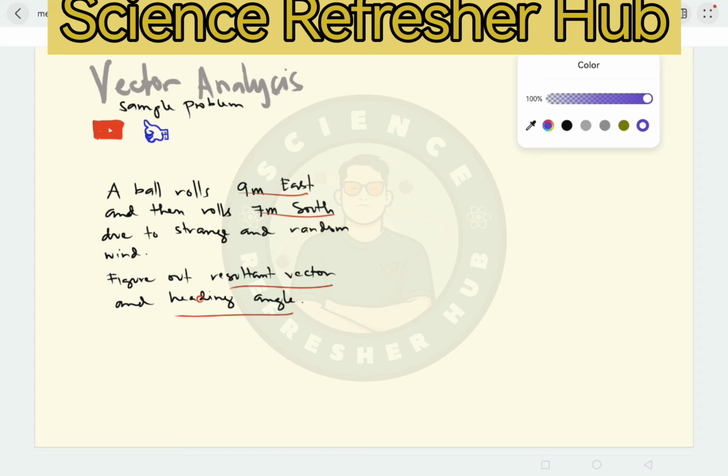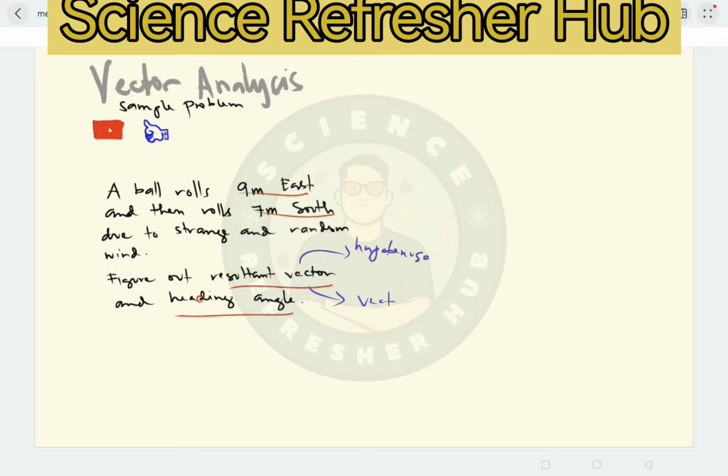Remember, when we say resultant vector, it's just the hypotenuse of our right triangle. Or in other references, they call it vector sum. In this case, we need to know the magnitude of the resultant vector, meaning the positive value.